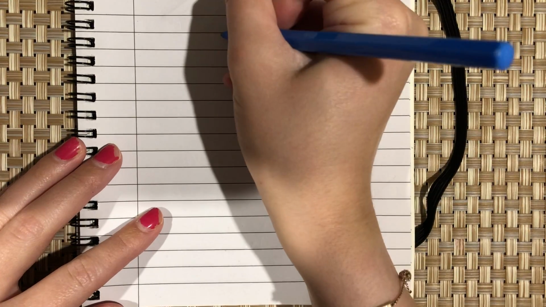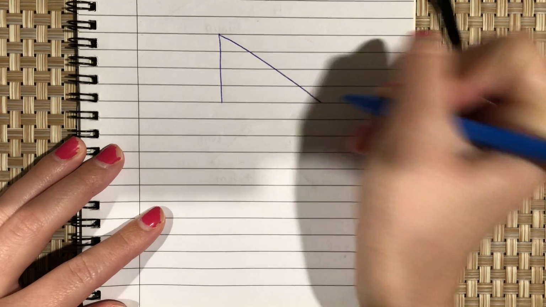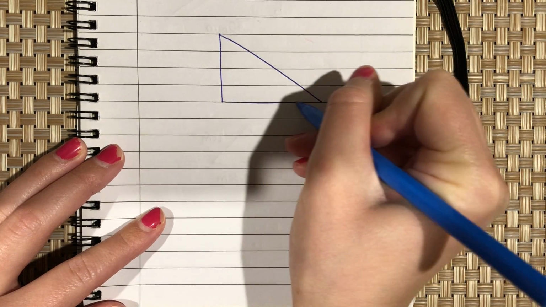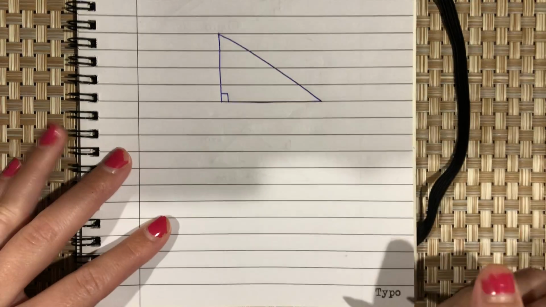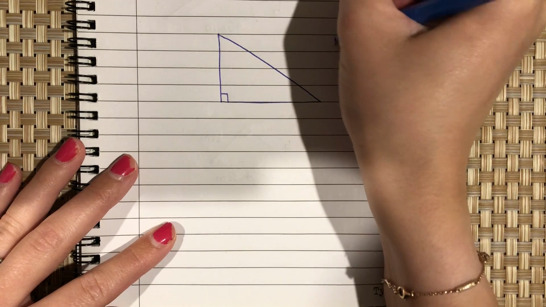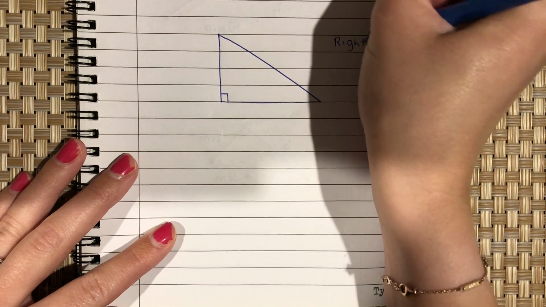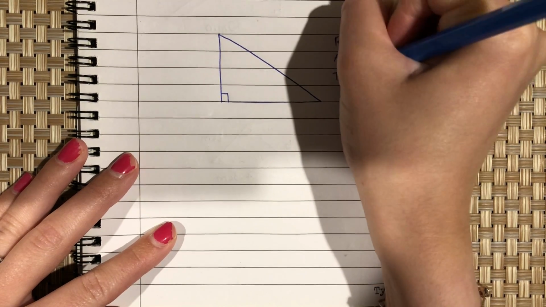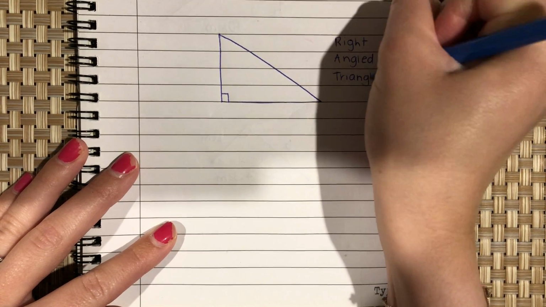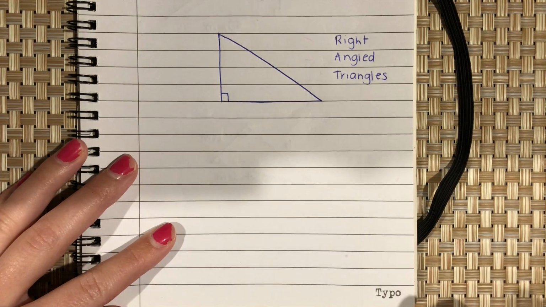Alright, so in this video, I'm going to be introducing what we call Pythagoras' theorem. Pythagoras' theorem applies to all right-angled triangles.